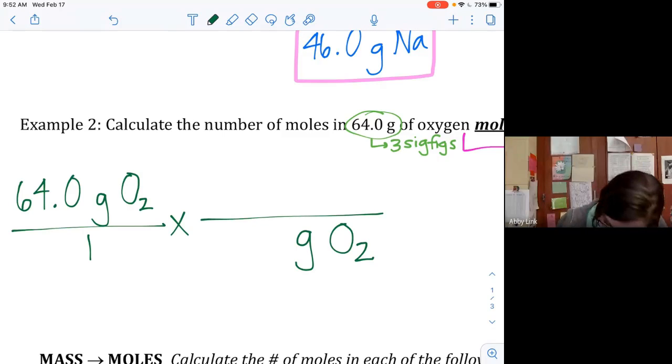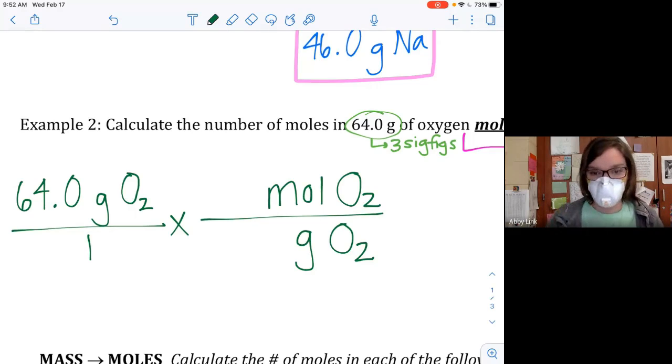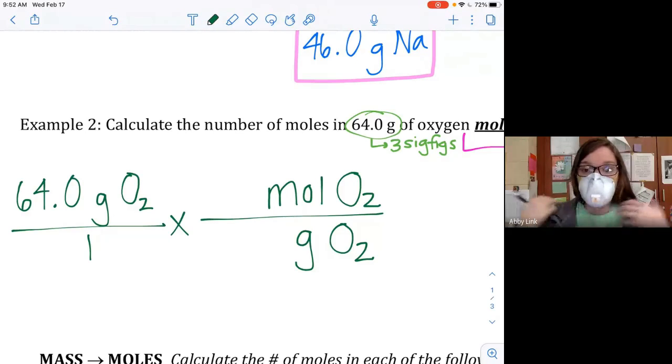That is what is going to go on top in our conversion factor, moles of O2. What I hope you recognize here is, again, we have grams and moles in our conversion factor. This time moles are in the numerator and grams are in the denominator, but we are still going to call upon our molar mass as our conversion factor here.